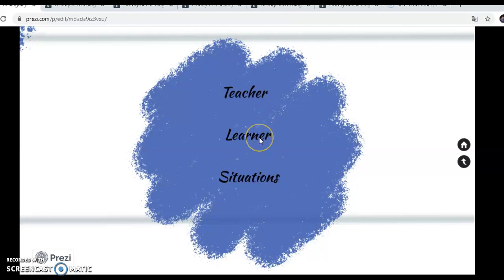The learner: sometimes we have to face some learners that do not have expectations from English, and some others coming from bilingual institutions. And the different situations, for example, lack of technological tools, schools in the countryside, lack of textbooks, lack of dictionaries, and so on.